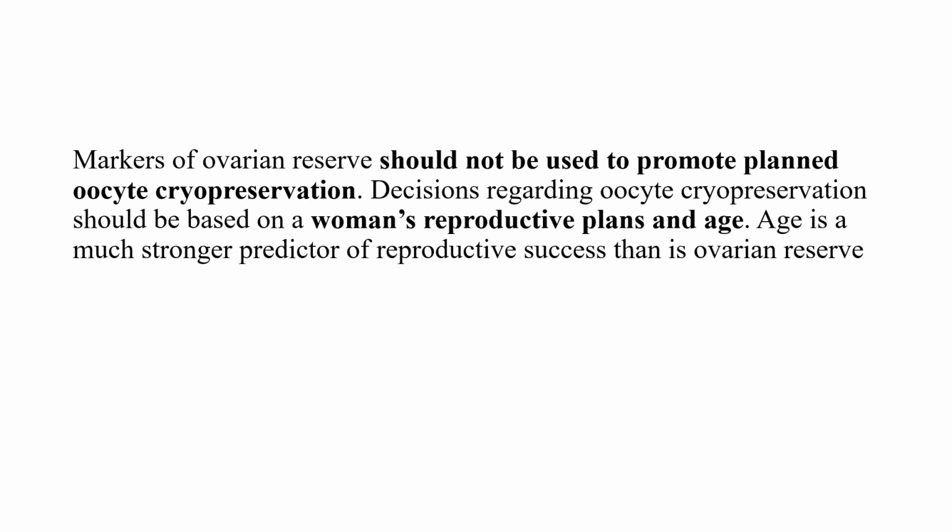So if a patient undergoes an AMH test at the age of 25 and it comes low, then we should not promote oocyte cryopreservation. It should be based on the plan and the age of the woman.